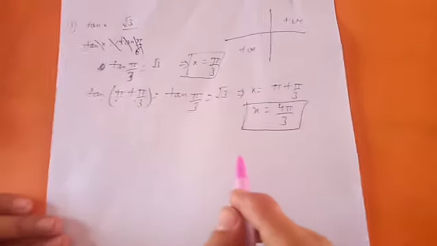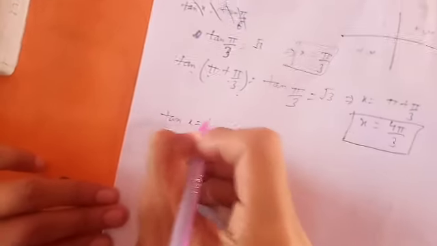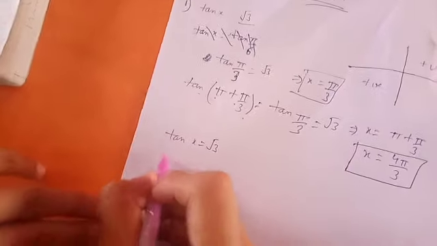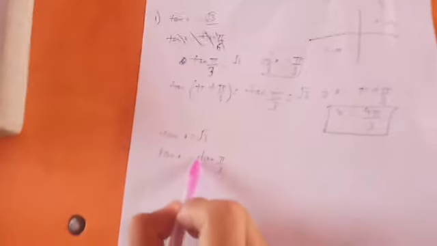And now if we want to find its general solution, then how we will do that? We will put tangent x equal to root 3, and tangent x is equal to tangent pi by 3. Okay. And we know it is our tangent x and it is our tangent y.